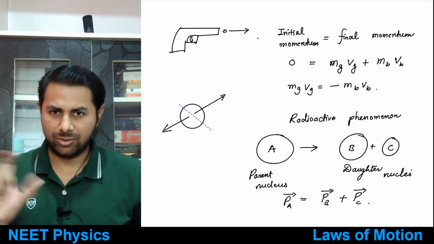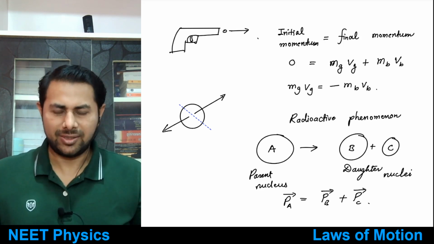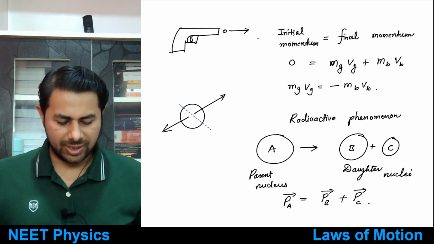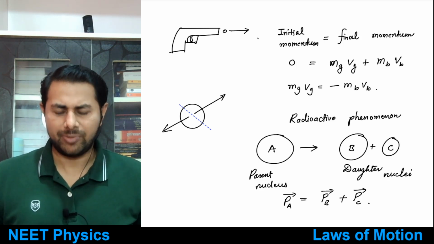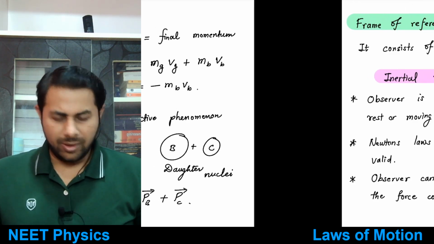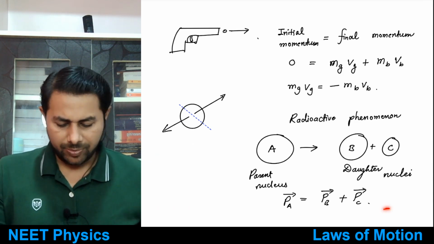That is the total momentum before explosion. Then the total momentum after explosion is equal to the total momentum before the explosion. All right, so this is the law of conservation of momentum.